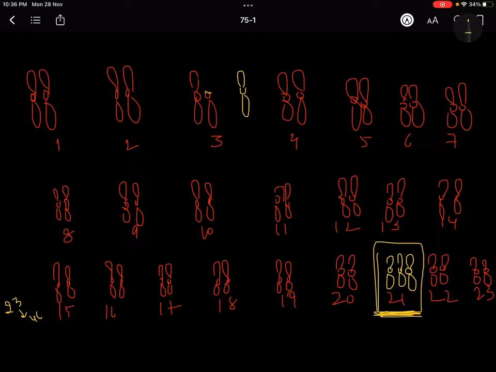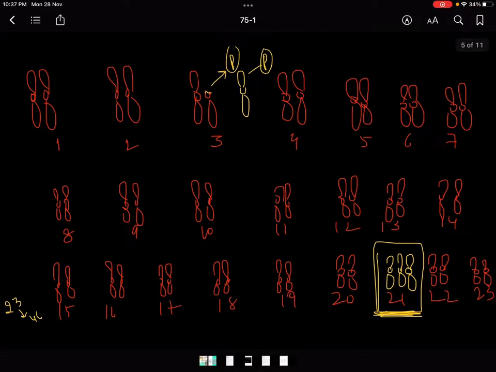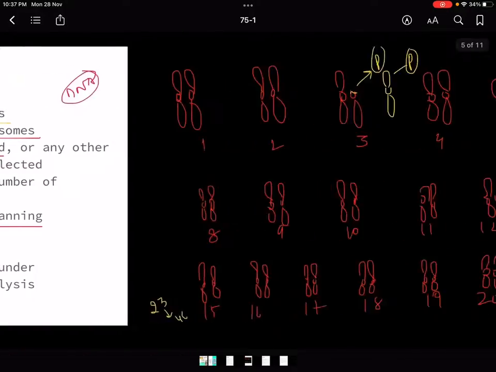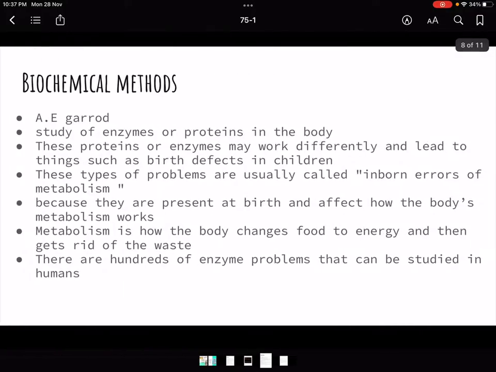So in this case, I'm saying the P arm is missing. So just by photographing, just by creating a picture view, you can understand a lot about the organism and whether he is healthy or not. From the picture itself we found out. We can understand, okay, the P arm is missing, so this might be a disease, right? So in this way you can understand a lot about genetic disorders, right? So karyotype analysis is this. I hope you've understood it, right?